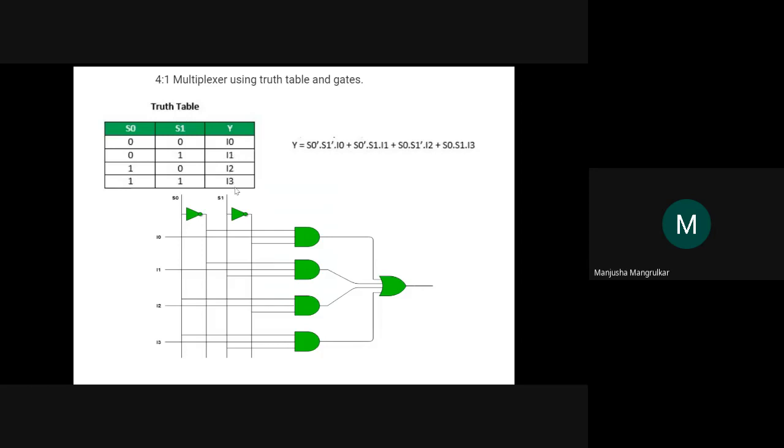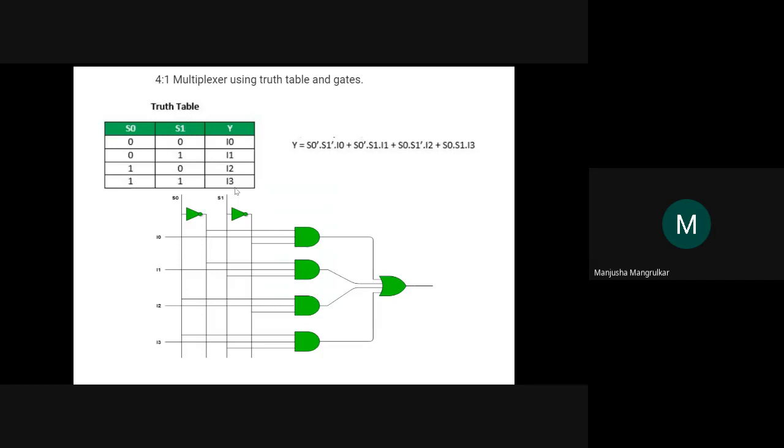The mux has its own ICs, the same as NAND gate, NOR gate, XOR gate, adder IC, subtractor IC, full adder IC, full subtractor, half subtractor. Same as those, the multiplexer has its own IC, as well as we can design the multiplexer by using gates. The multiplexer circuit has AND gates and an OR gate.